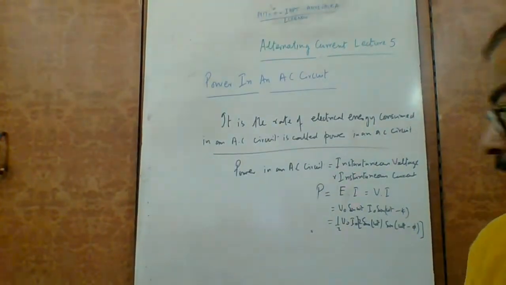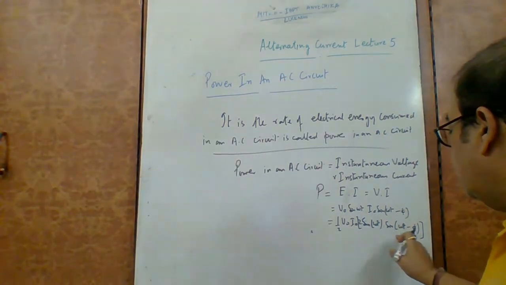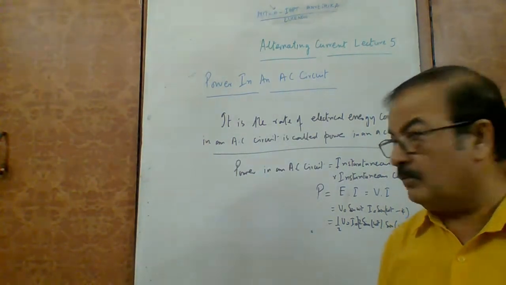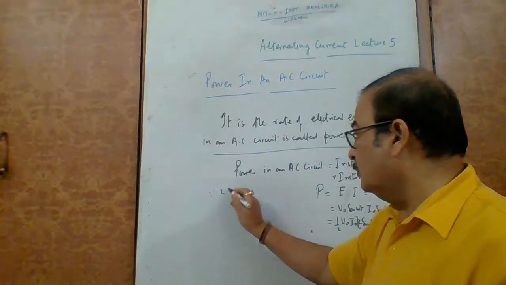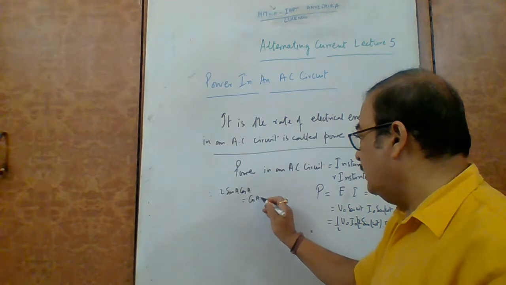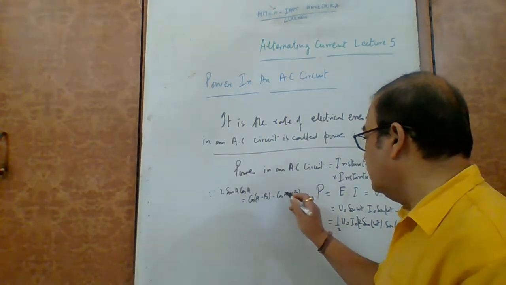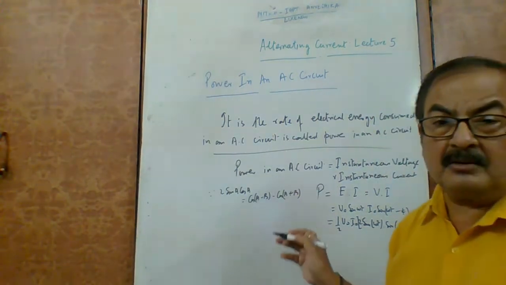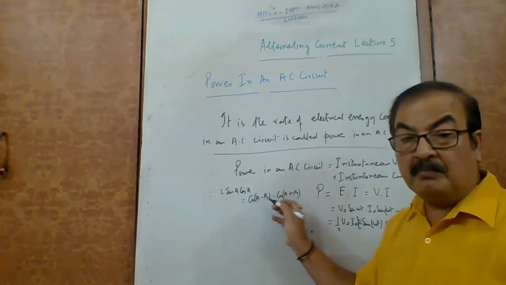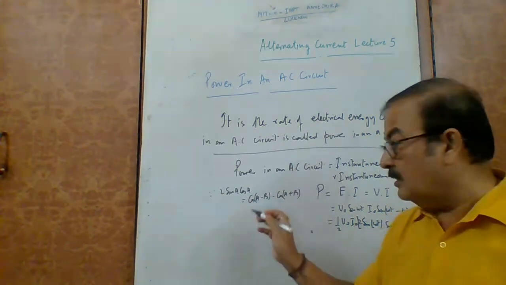You know it well that 2 sine a cos a can be equal to cos a minus b minus cos a plus b. आपको मालूम है cos a plus b क्या होता है? cos a cos b minus sin a sin b, और ये होता है cos a cos b plus sin a sin b. तो sin sin वाला ऐड हो जाएगा, cos वाला कैंसिल हो जाएगा अगर बीच में माइनस हो.